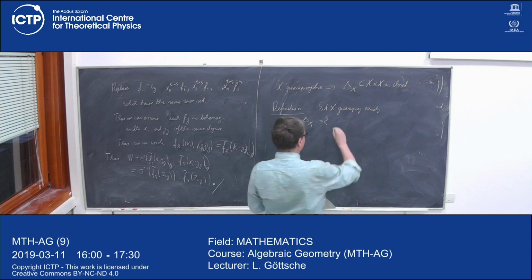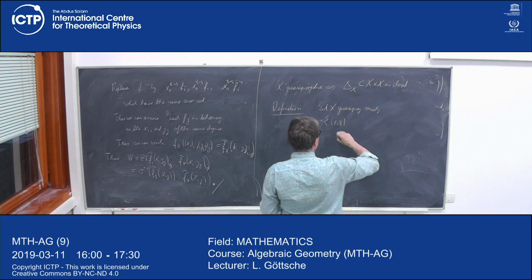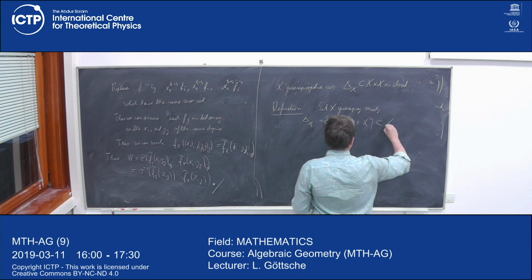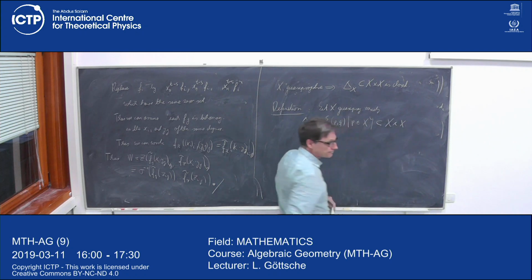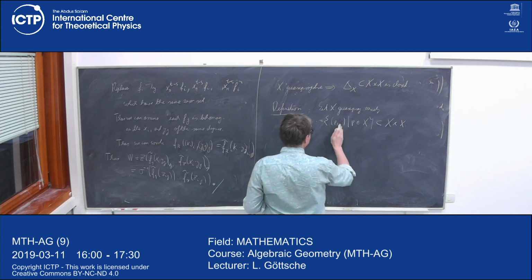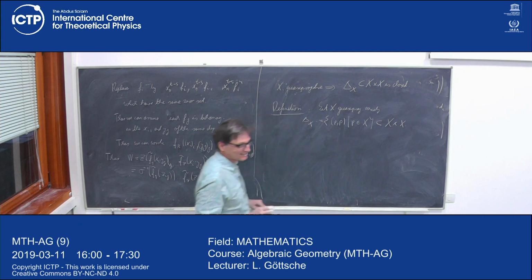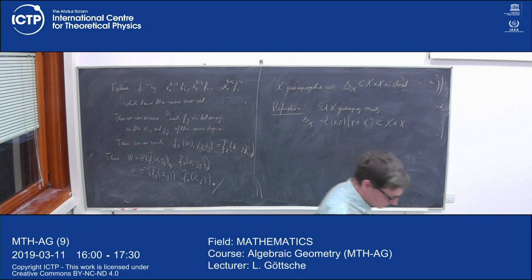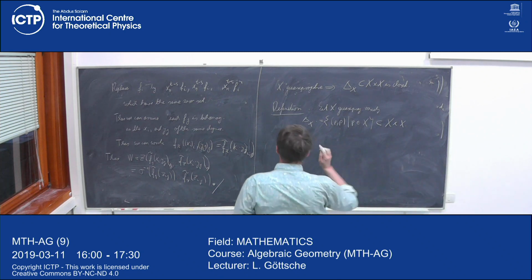So this is the set of all points P, P is in x in the product, P P. So it's the same point. And we also have the diagonal morphism.